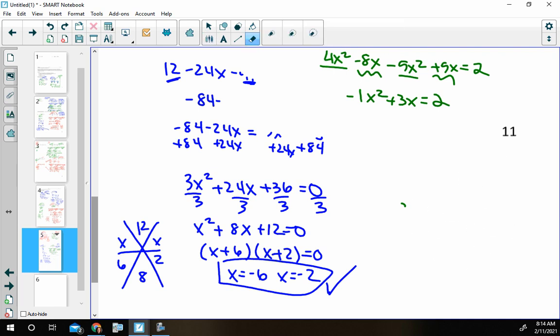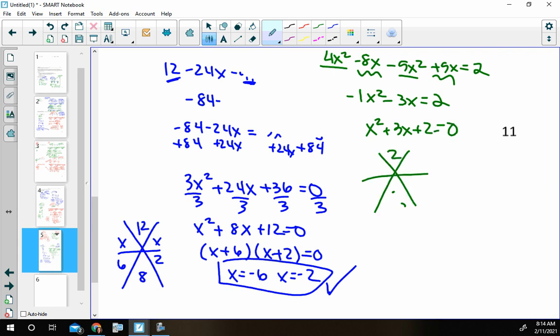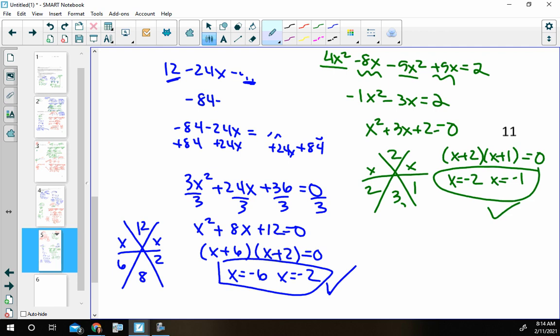Negative 8x plus 5x is a negative 3x. So we're actually going to have something work. So add x squared, add 3x, positive 2. Let me re-snowflake here. And so 2 and 1. So negative 2, negative 1. So both of them work. If neither of them worked, it would have been no solution. I just messed up on the side.